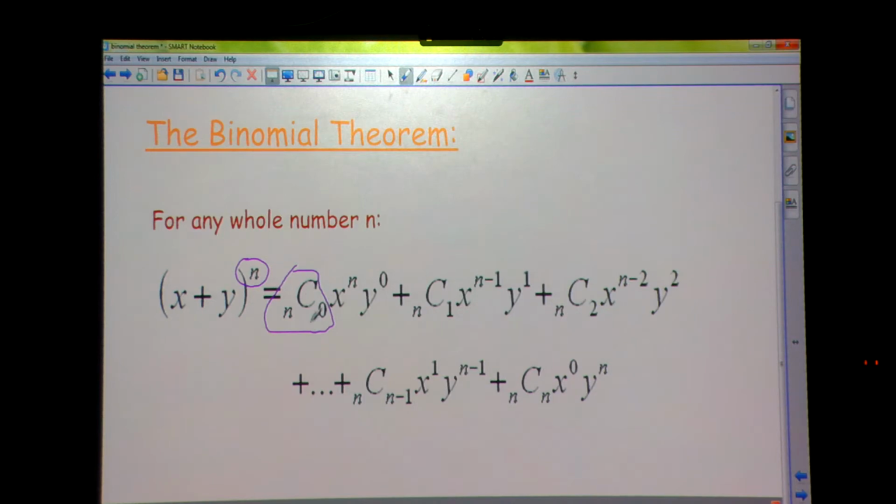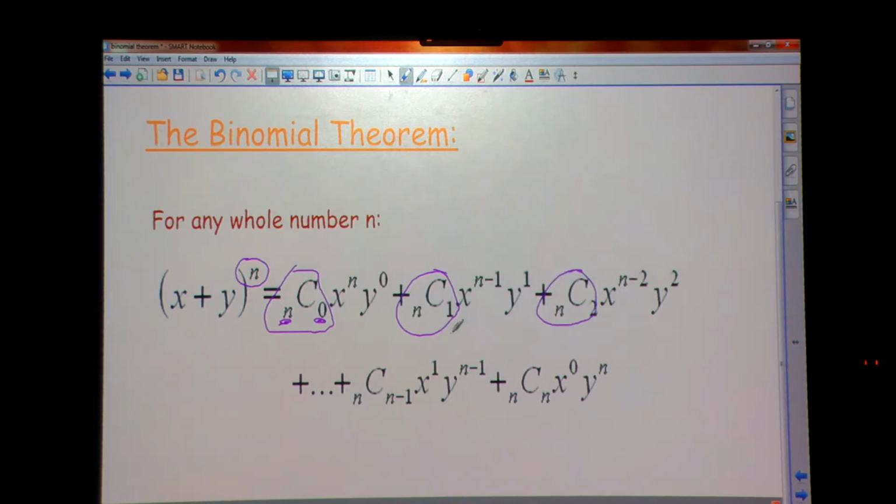Well, in this case, 1, right? And then you have x to the n power, y to the nothing power. Notice those are these numbers. Then you have n choose 1, which is x to the n minus 1, so subtract 1, and it's this power. Now you're going to subtract the numbers for the x and y. It's this formula here. It looks very scary. It can get confusing at times, but not when you use a shortcut.